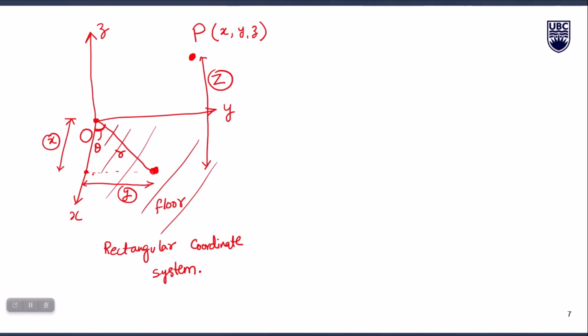And that small r path was making an angle theta with the x-axis, right? And then again from that point I can move up in the z-axis by a distance small z and reach the same point again, right? If I follow this path, I will require another set of three numbers, and those three numbers now will be small r, theta, and then z again, right?